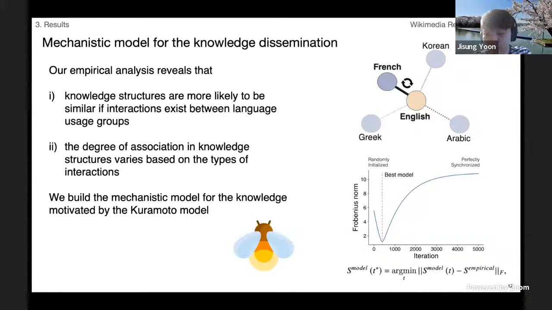As shown in the example, the English agent chooses the French agent as a neighbor for synchronization. As time goes by, everyone is more likely to become similar, and at time t0, they are randomly initialized because we assume that they start from a random point in our models.